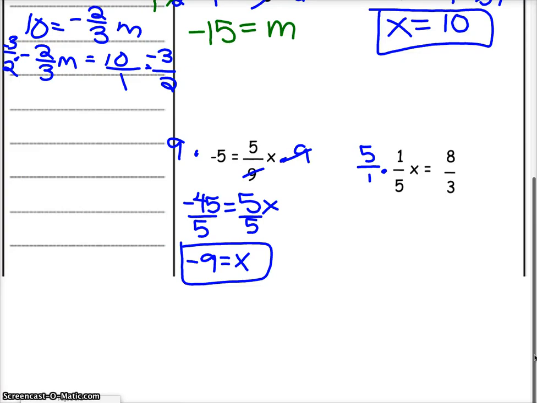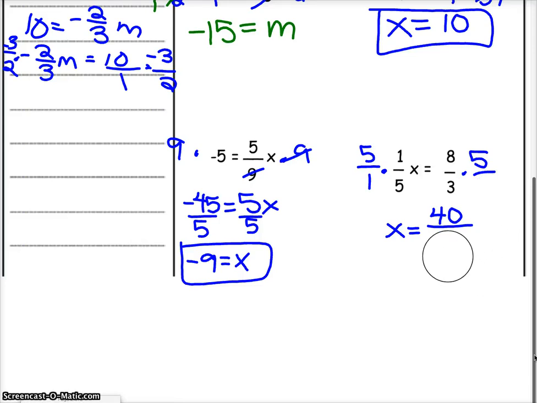Times through by the reciprocal. X equals, can't cross simplify, so top times top over bottom times bottom. Oh, it's 1.